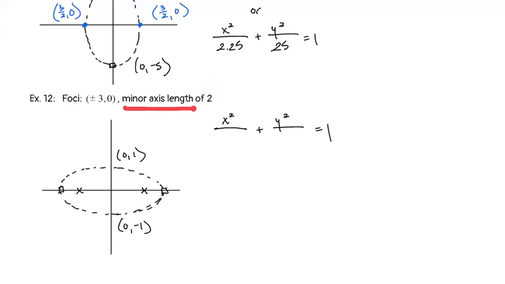But remember, the minor axis length means the whole thing from co-vertex to co-vertex is 2. So if I only want from the center to one of the co-vertices, it's going to have to be cut in half. That means underneath y squared, I can go ahead and put a 1 squared.